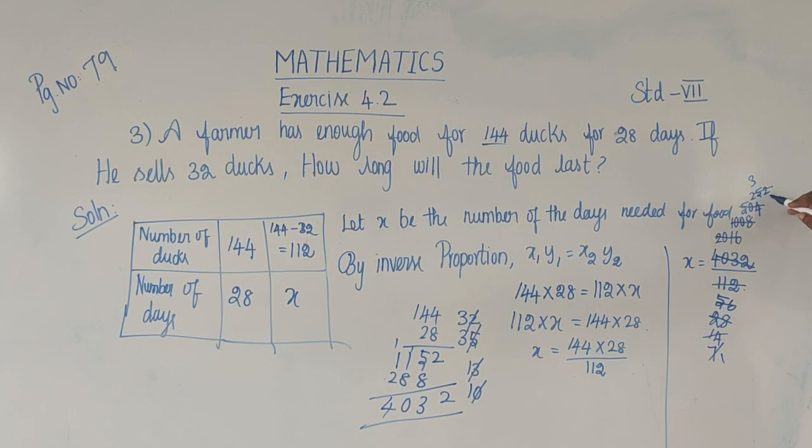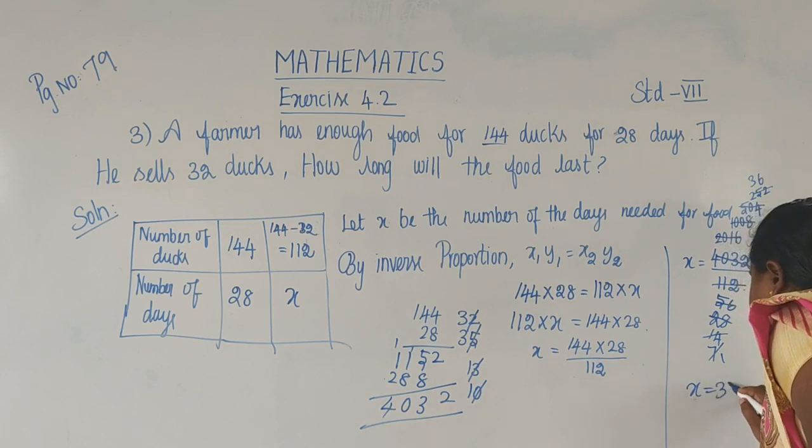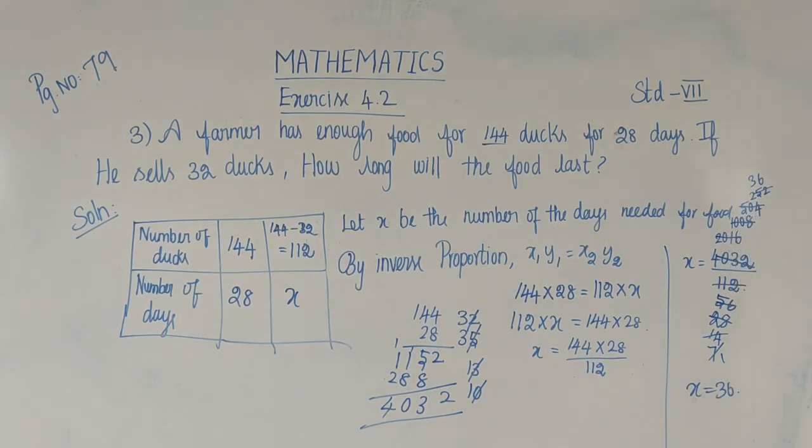Balance 4, 42. So 6 7s are 42. Therefore x equal to 36.